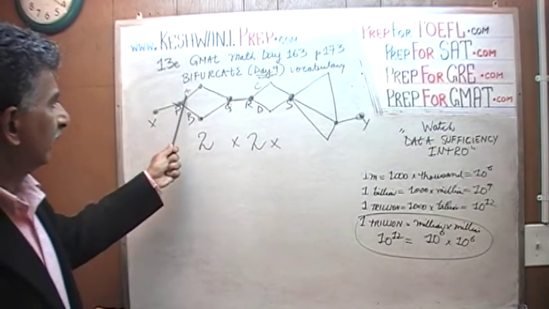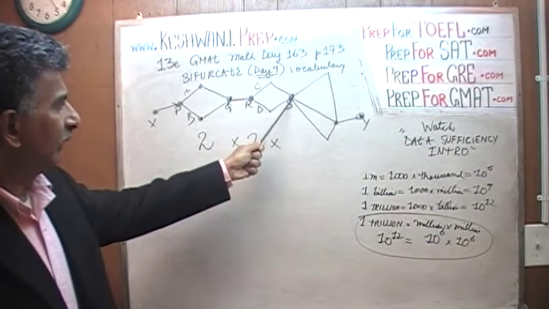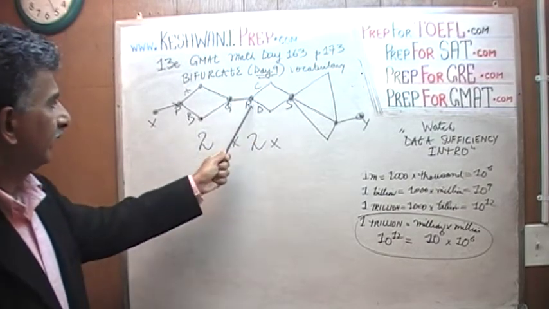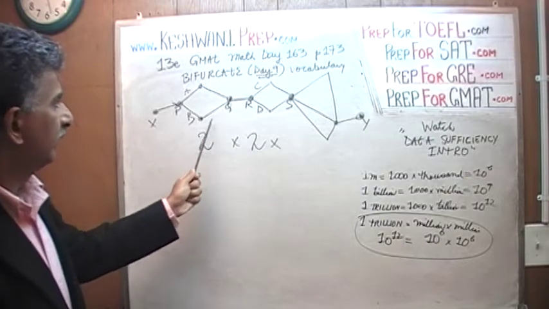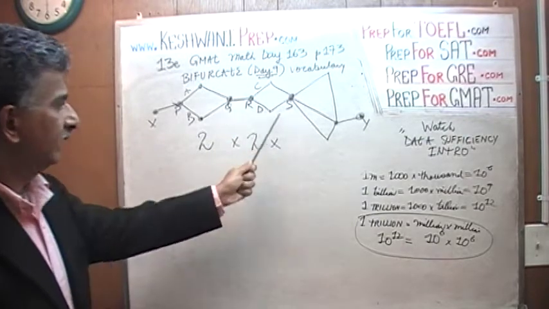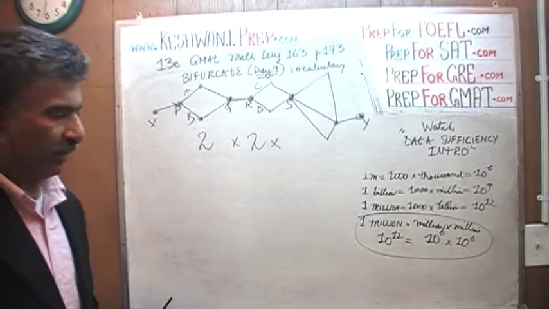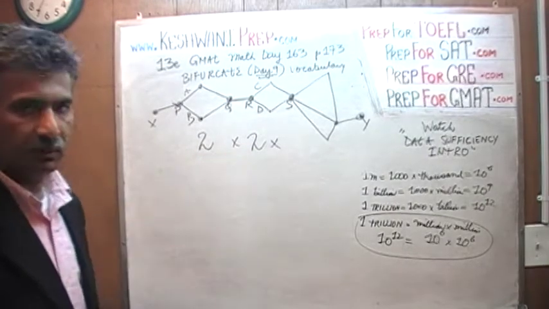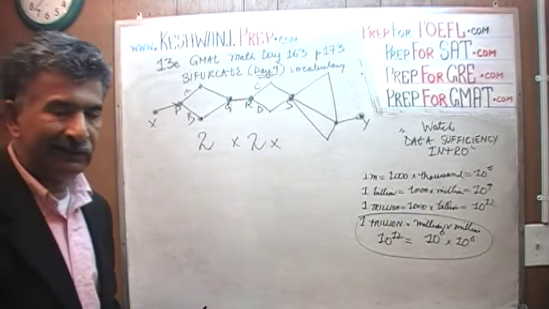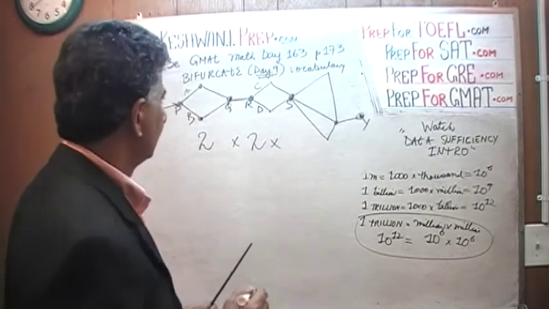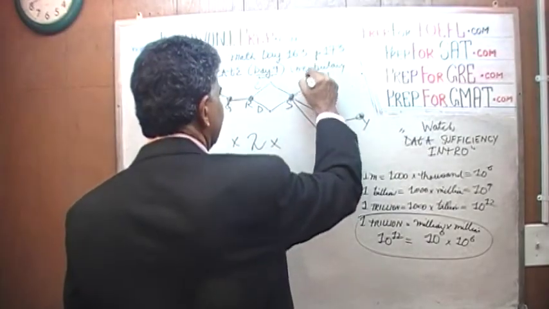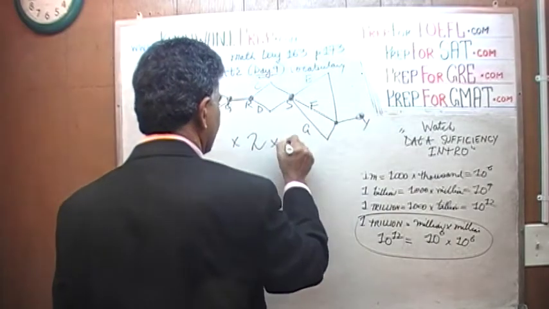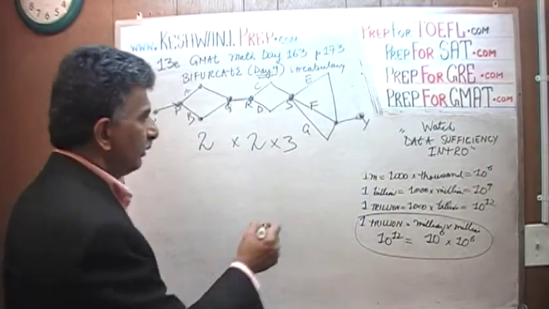We can go through A and then C and come to S, or we can go from A and D and then come to S, or we can go from B and C and come to S, or B and D and come to S. There are four different choices to go from point P to point S. Once it reaches point S, it trifurcates into path E, F, and G. So there are three more choices, which will bring him to this point.